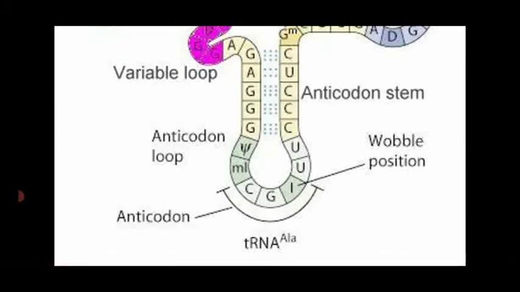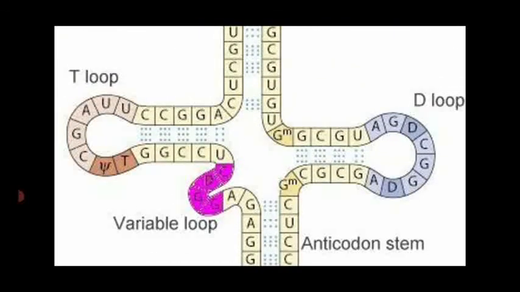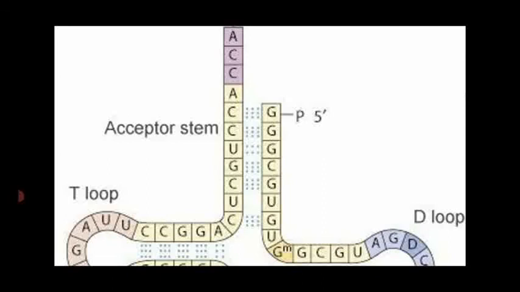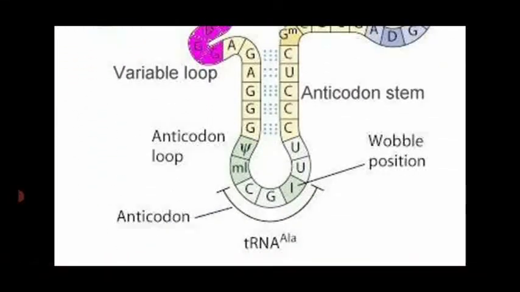So this anticodon arm contains 3 triplets which combine with mRNA codons. At the center, they show how the nitrogenous bases A, U, C and G are arranged in the structure of tRNA. The anticodon loop at the last end is attached to the codon of complementary genes.